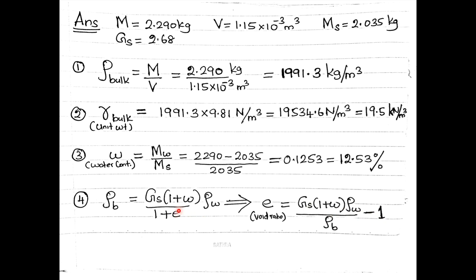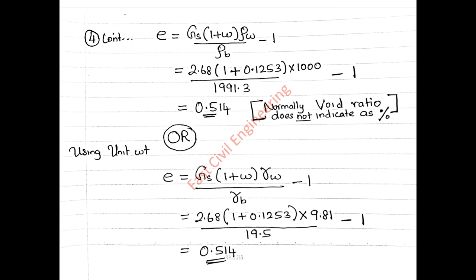Substituting, GS is 2.68, w is this one, bulk density is 1991.3, already found, minus 1.